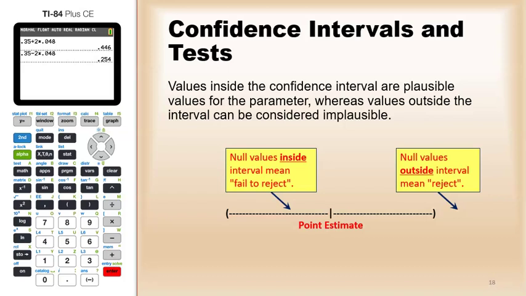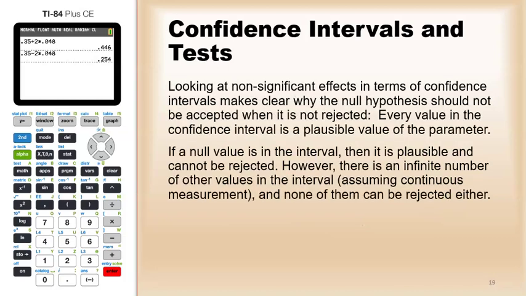So what we're looking for is, is the null value inside the interval or outside? The point estimate is always going to be the center of the interval because the intervals are built around that point estimate. But what we're looking for is where the null value fits. So looking at non-significant effects in terms of confidence intervals makes clear why the null hypothesis should not be accepted when it is not rejected.